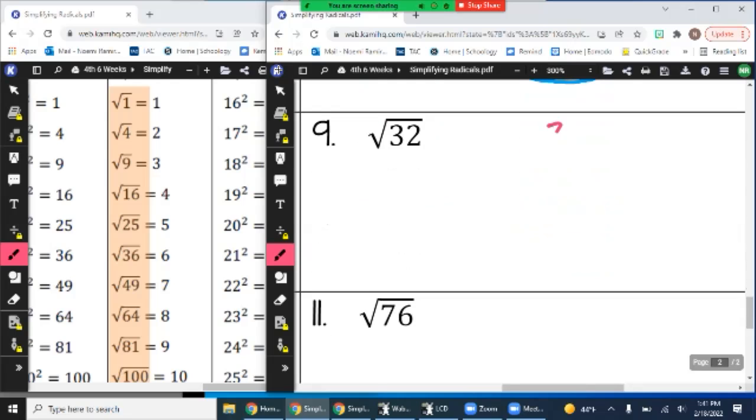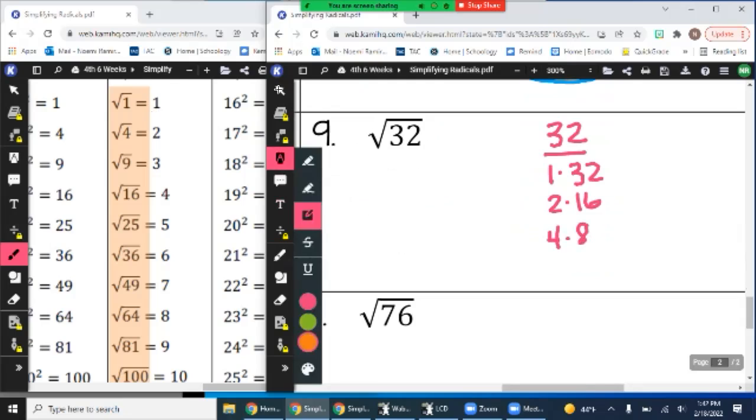All right. Factors of 32, 1 times, 2 times, 4 times 8. Okay. 1 and there you go, 16. 16 is also a perfect square.